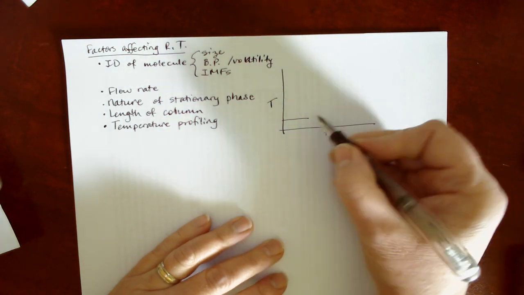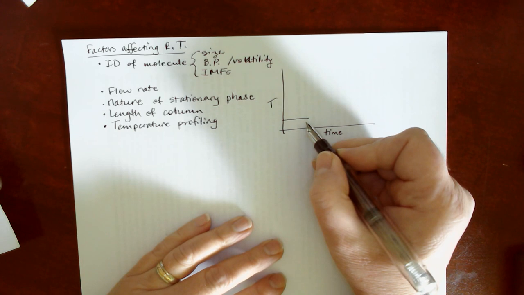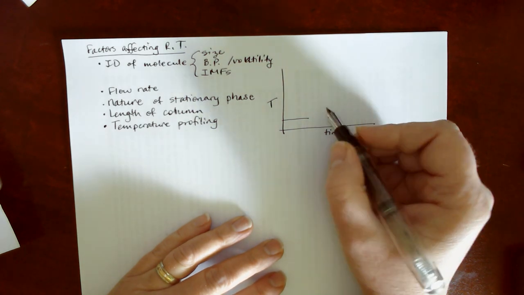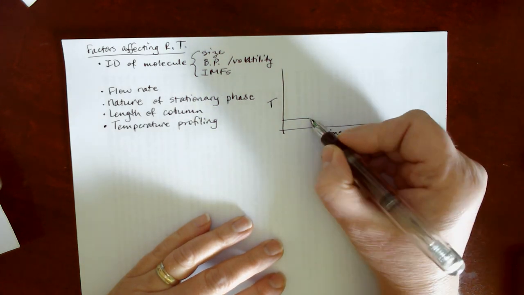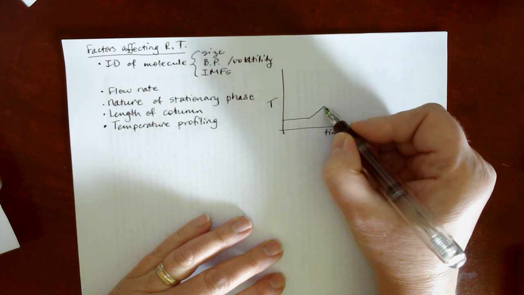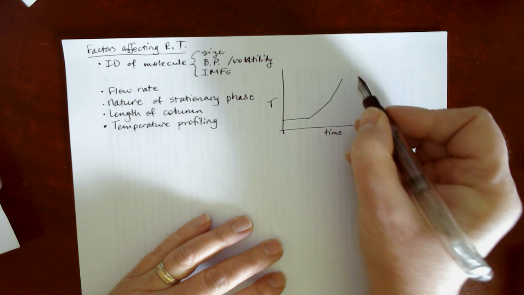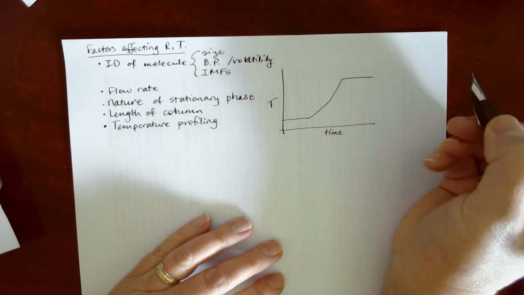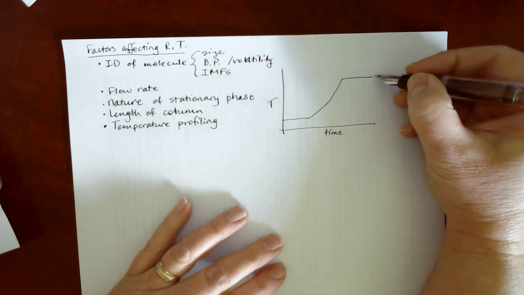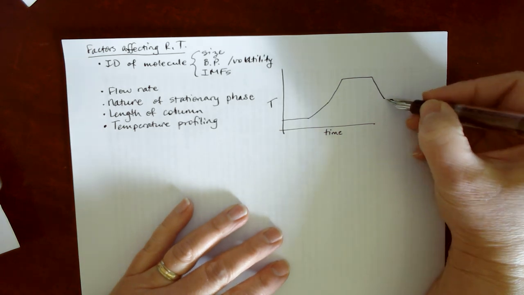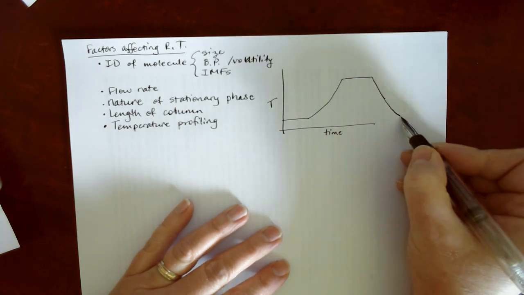And then you hold it there for a while just to get everything oriented and loaded onto the column. Then you start to increase the temperature slowly over time, and then maybe you increase it a little bit faster, and then maybe you hold it at a higher temperature for a while, and then you start cooling it down again until you're all done with your run.